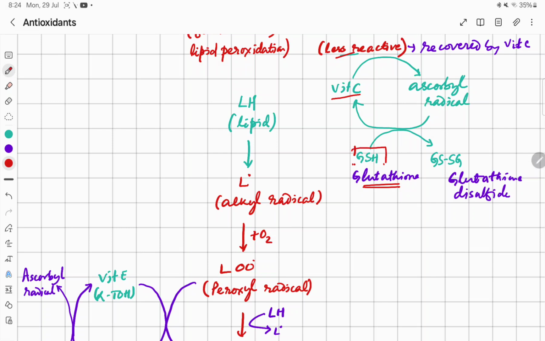So glutathione will be converted to glutathione disulfide, and in this way they act as antioxidants.